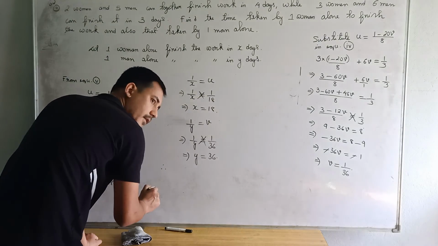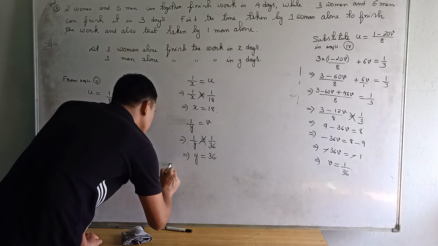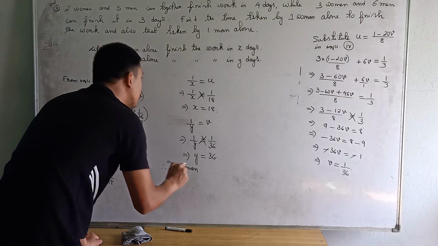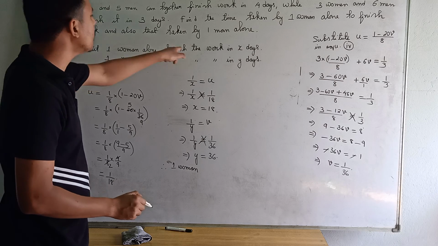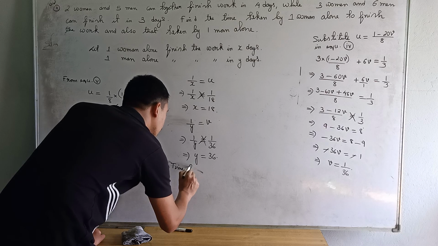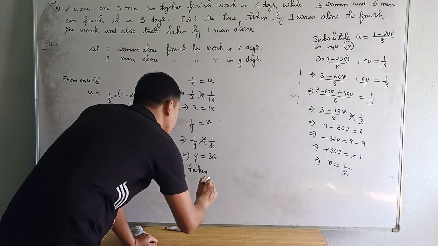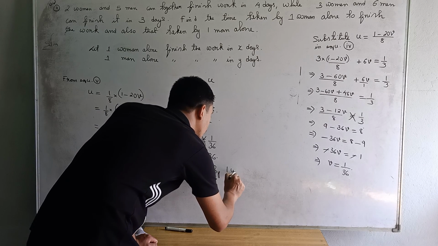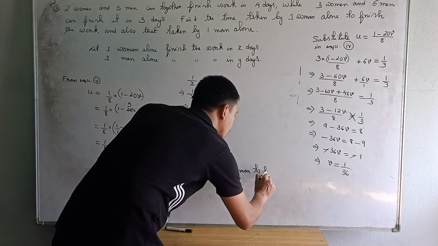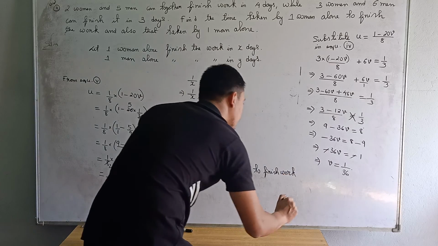Therefore, time taken, I think women are smarter because they can finish it in only 18 days. So therefore, time taken by one woman to finish the work is how many days?